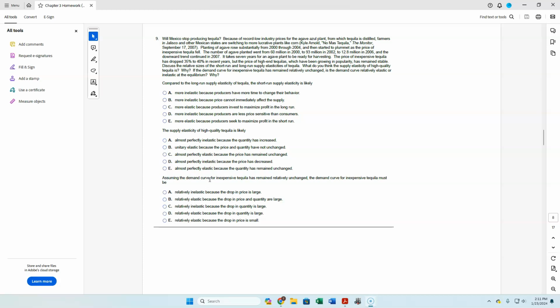in the short run we tend to see a bit more inelasticity, that we see greater elasticity when things are of higher quality because they're generally more expensive. And we see here for the supply elasticity of higher quality tequila, what we saw here was that the price hadn't changed at all.